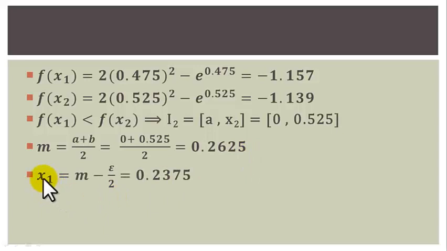Then our point x1 is m minus epsilon all over 2, which is equal to this minus 0.025, and that will give us 0.2375. x2 is equal to m plus epsilon over 2, that is 0.2625 plus 0.025, and that will give us 0.2875.